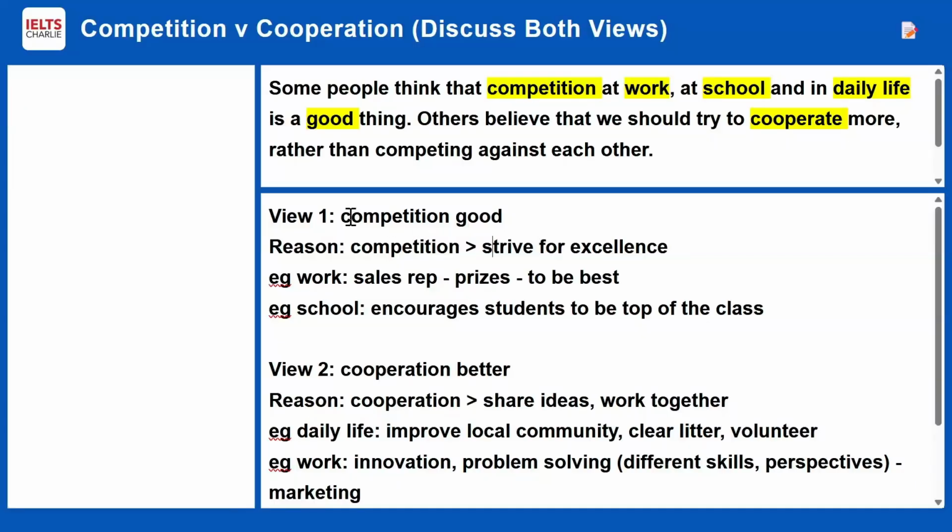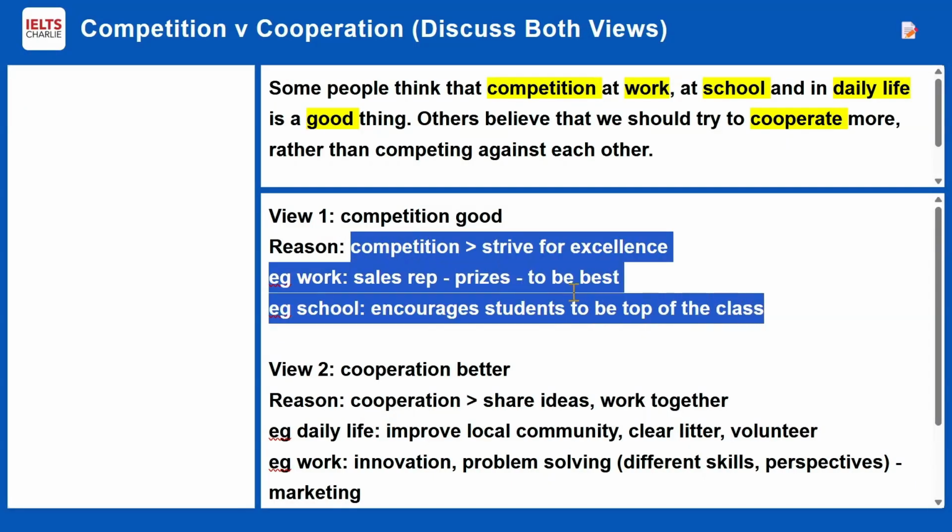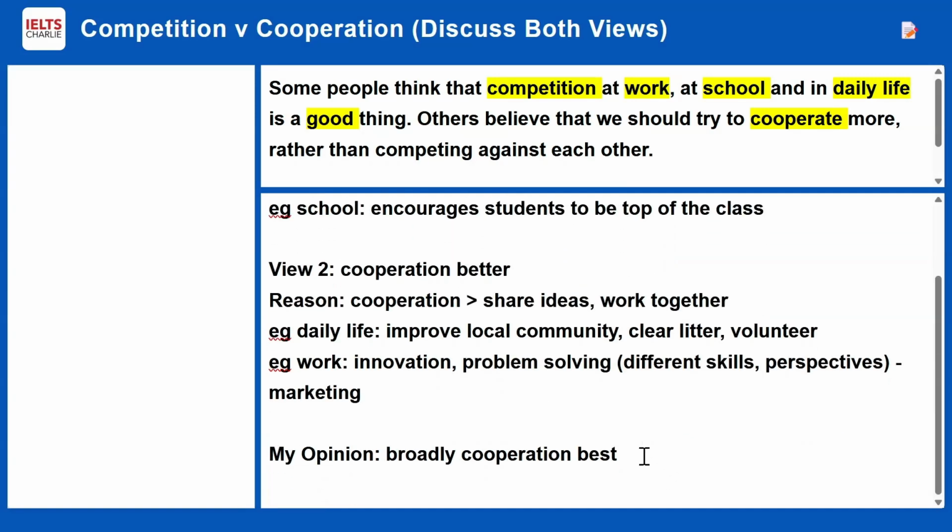So if you think that competition is a good thing, you've got to think of another idea, otherwise you're just going to repeat this again. So sometimes a better approach is to have what I call a nuanced view, to say that, well, yeah, broadly cooperation is best or competition is best, but in certain circumstances, the other one might be okay.